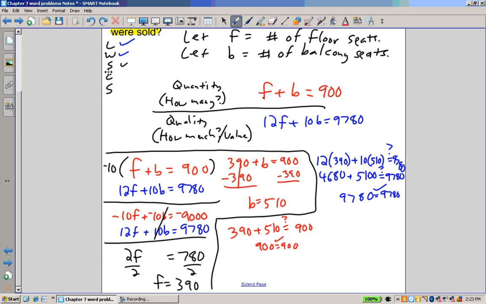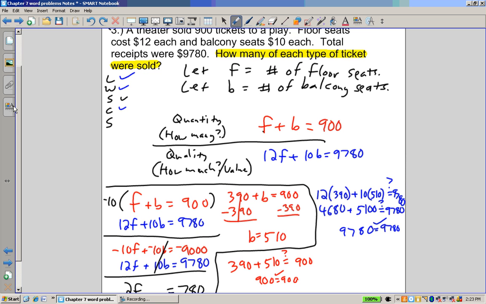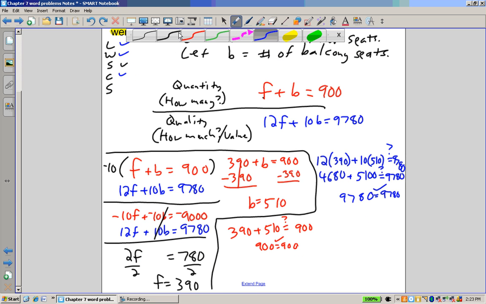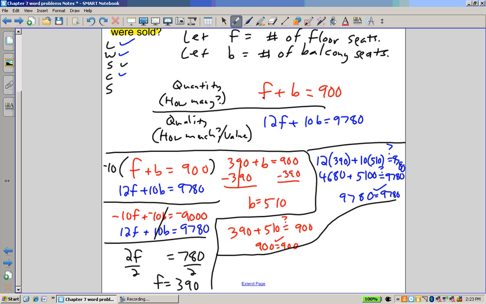So the check worked. Now let's do it as a sentence. They ask, how many of each type of ticket were sold? Let's see, they sold 390 floor seats and 510 balcony seats.